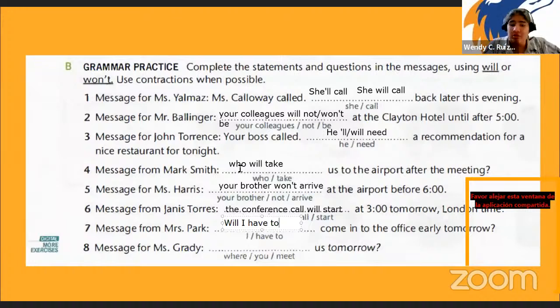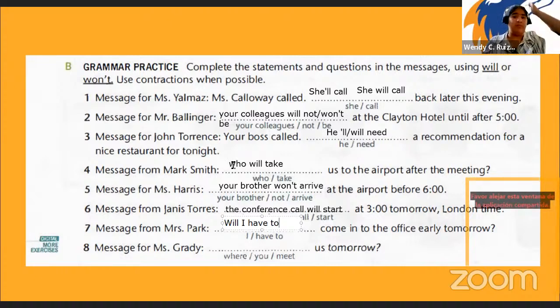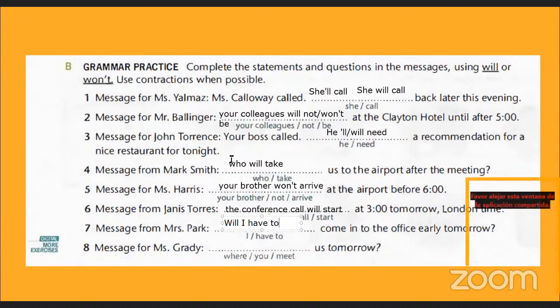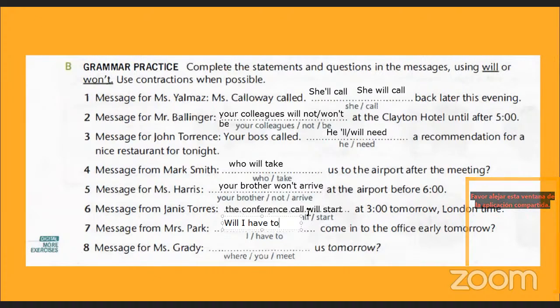Aquí como no tenemos un pronombre específico, pero está en forma de pregunta: who will take? Porque cuando hacemos preguntas con WH questions, la palabra con WH va al principio. Who, what, why, where, when. Todas esas van primero y después el pronombre. Pero como aquí no tenemos un pronombre porque no hay una persona, le estamos preguntando precisamente quién. Who will take us? Es correcto.